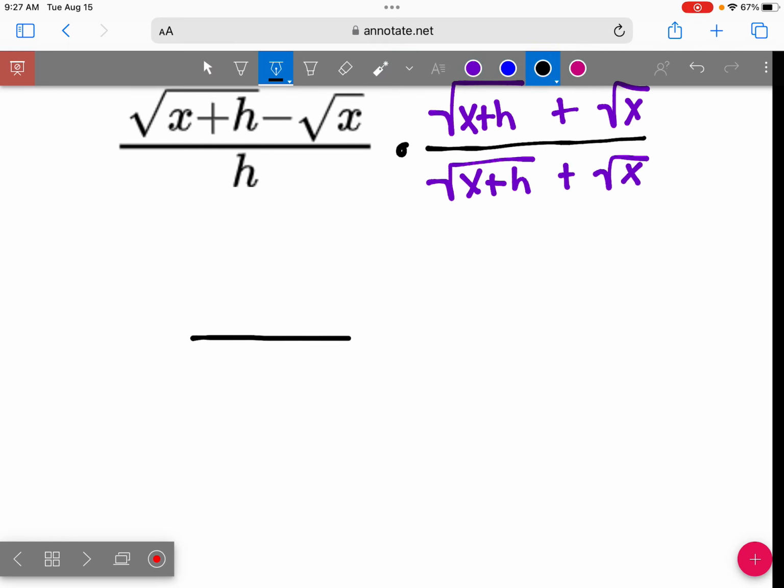So when we do this and we multiply these together, square root of x plus h times square root of x plus h is x plus h, minus square root of x times square root of x, x.